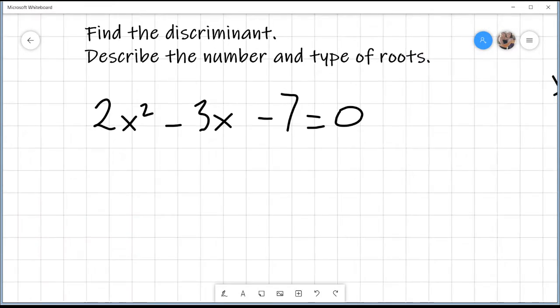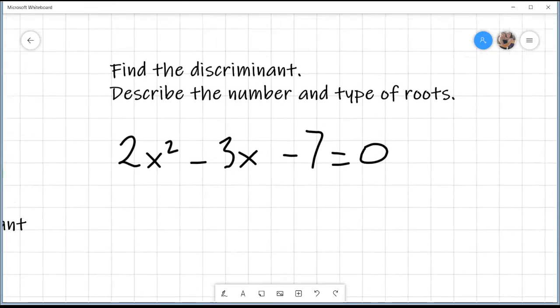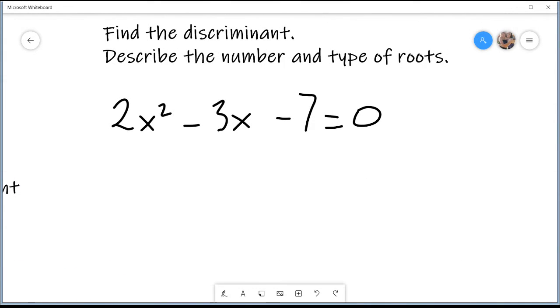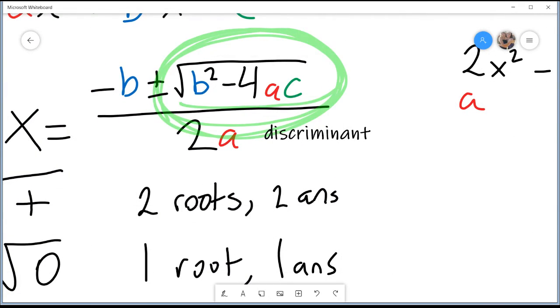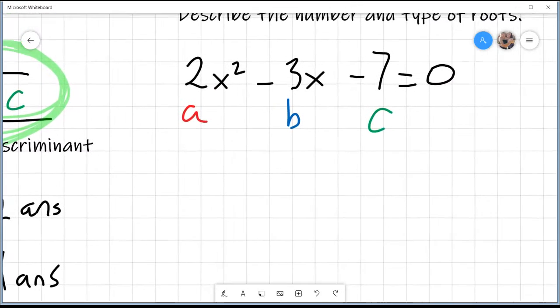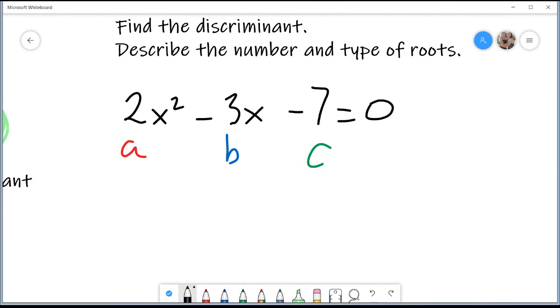We're going to start here. Find the discriminant and describe the number and type of roots. In order to do that, we need a, we need b, and we need c. The discriminant is this right here, b squared minus 4ac, inside the square root.